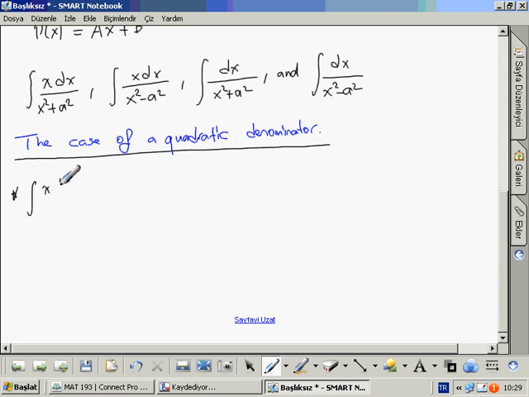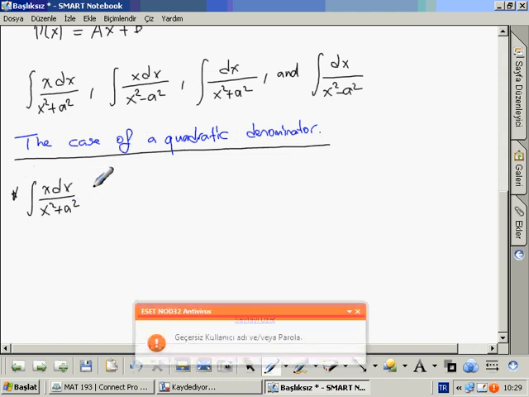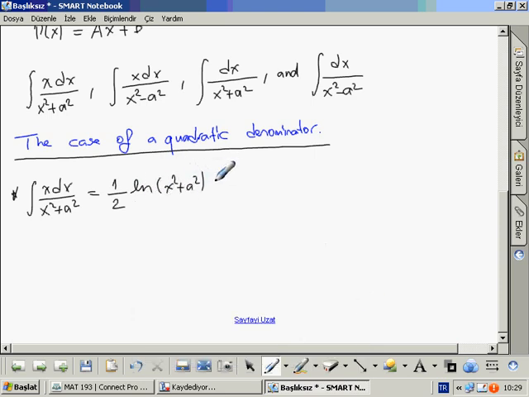The integral of x dx over x squared plus a squared is equal to 1 over 2 ln of x squared plus a squared, plus c. The integral of x dx over x squared minus a squared is equal to 1 over 2 ln of x squared minus a squared, plus c.